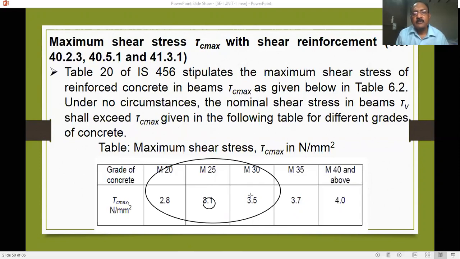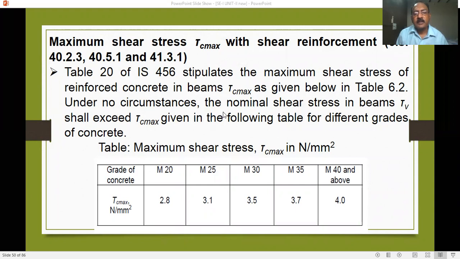What is maximum shear strength? That is table 20 of your IS 456. So you remember this maximum shear stress as per clause 40.2.3, 40.5.1 and 41.3.1. They have given table 20 in IS 456.